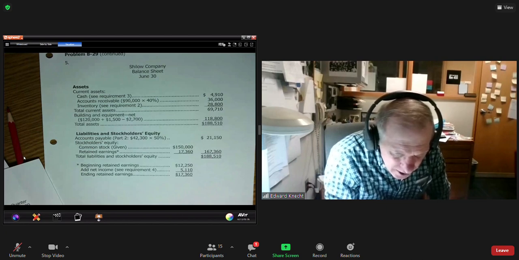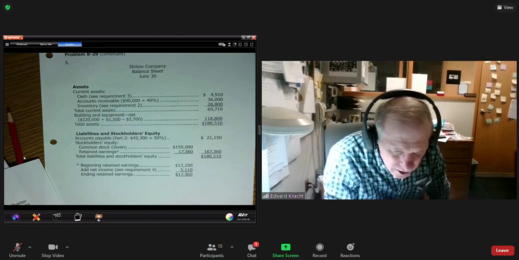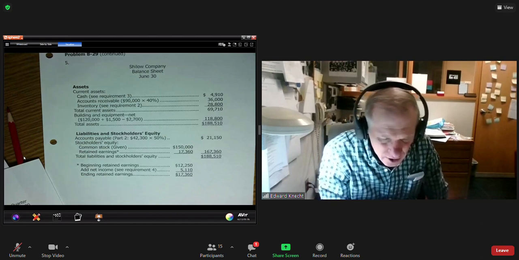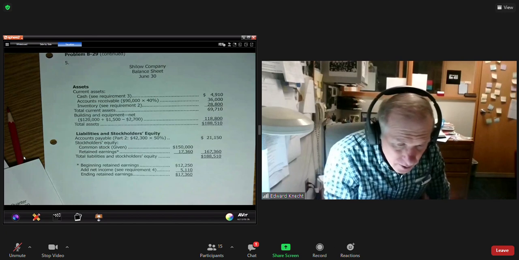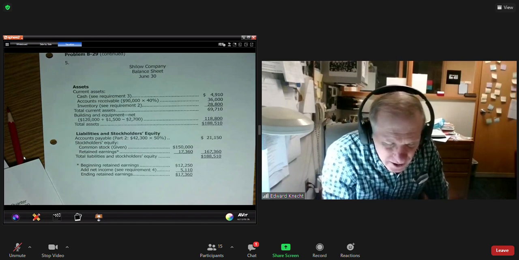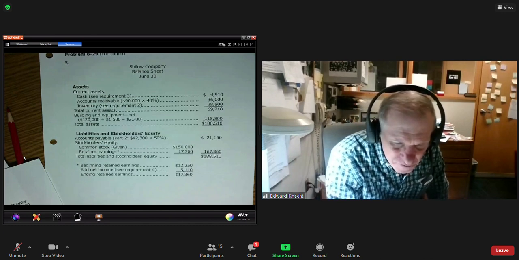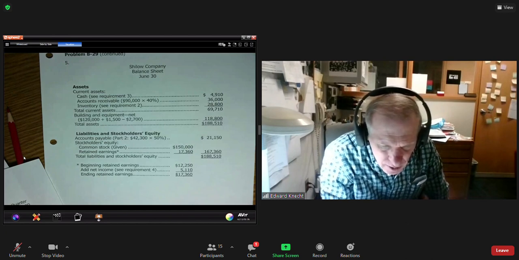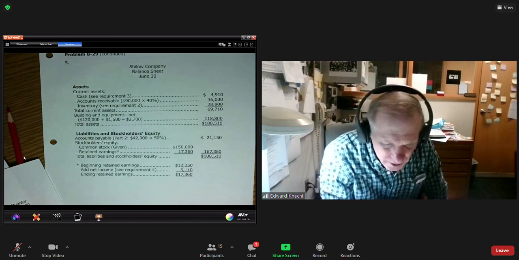Okay, let me go back and see. Sales are 60% cash. So April has 60,000 times 60%. That would account for the 36,000 cash sales, right? Right. And then it says 40% on credit. And then the next sentence says credit sales are collected in the month following the sale. So that means of the April sales, 60,000, we have 60% or 36,000 being collected in April.